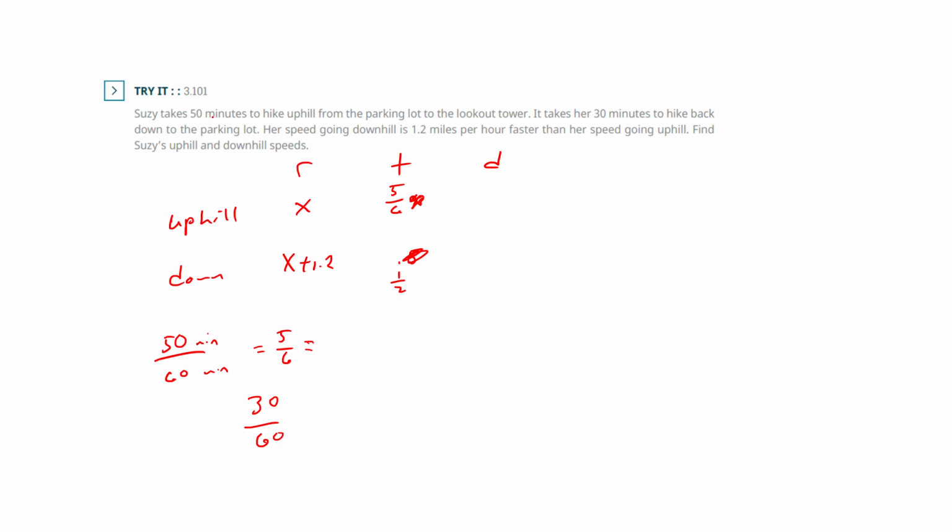Now the problem was 50 doesn't work out nicely, so I put 50 over 60 to see what part of an hour it took her to come uphill. I reduced that by cutting the zeros off both of them, but they both could be reduced by 10. So uphill took 5/6 of an hour. Now let's multiply and make our distance 5/6 x. I've got 1/2 times x plus 1.2.